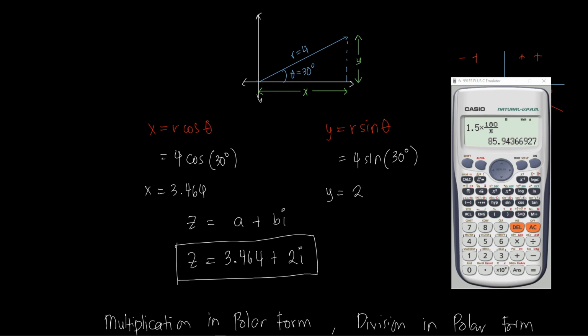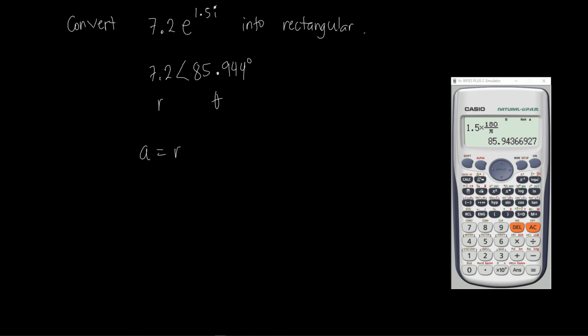Ang A is ang x man ito, so R cos theta. Ang atong B is R sin theta. So, naa tay R na 7.2.